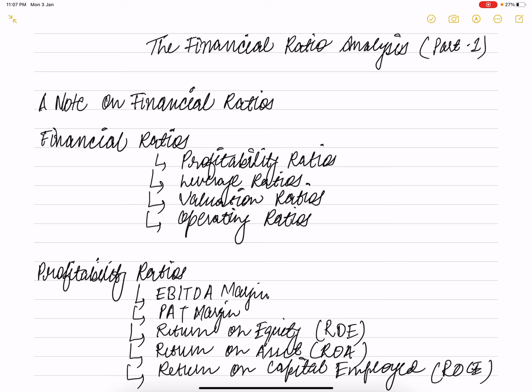To calculate EBITDA margin, we need to calculate, for this, EBITDA is equal to operating revenue minus operating expense.